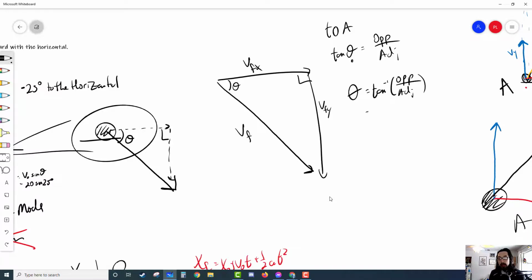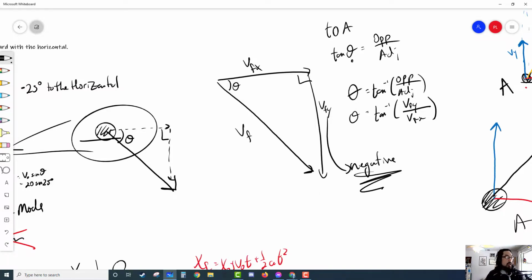Using our variables, the angle is the inverse tangent of vfy divided by vfx. And that will give you the angle. Be warned that when you plug in vfy in our equation, it has to be negative, because the object is going downwards.